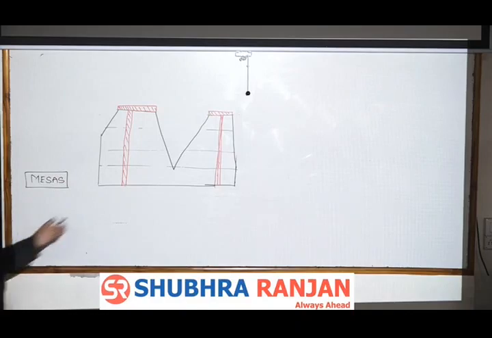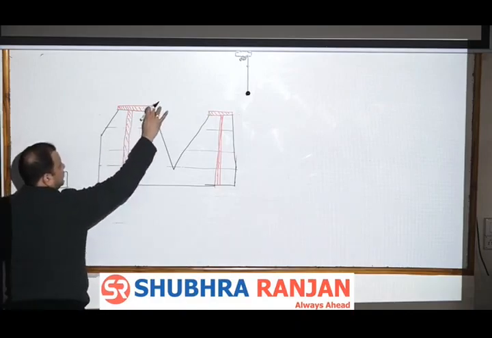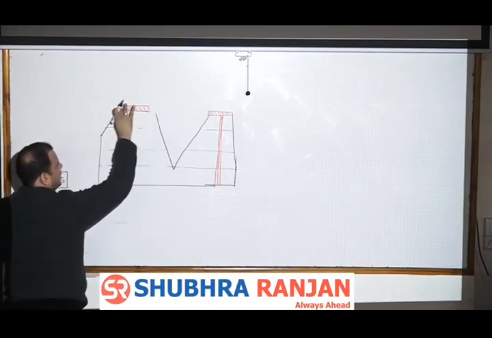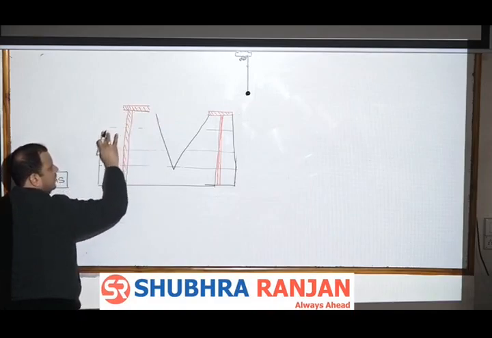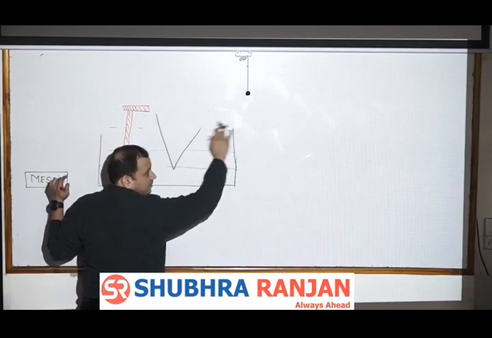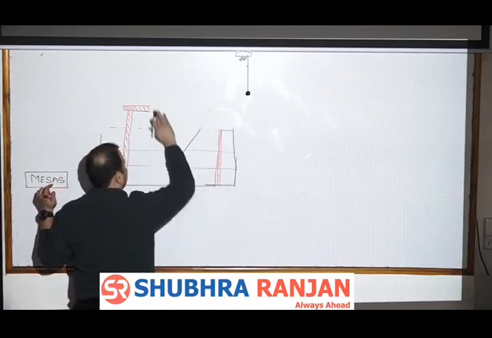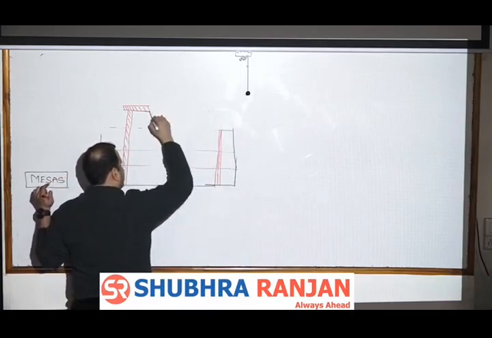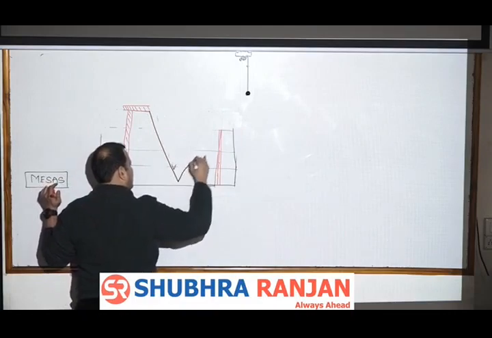Over the period of time, obviously differential erosion ka matlab ye nahi the hard rock will not get eroded, even the hard rock will get eroded. और अगर छोटा है hard rock तो वो और ज़्यादा erode हो जाएगा, but at a different rate. So over the period of time, the height of the mesas will reduce.